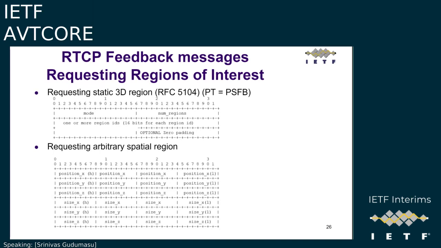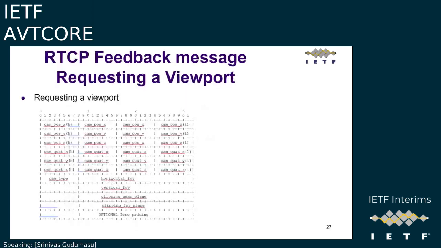The FCI for requesting a static 3D region is in the top figure, and for an arbitrary region it is in the bottom figure. Can you go to the next slide, please?